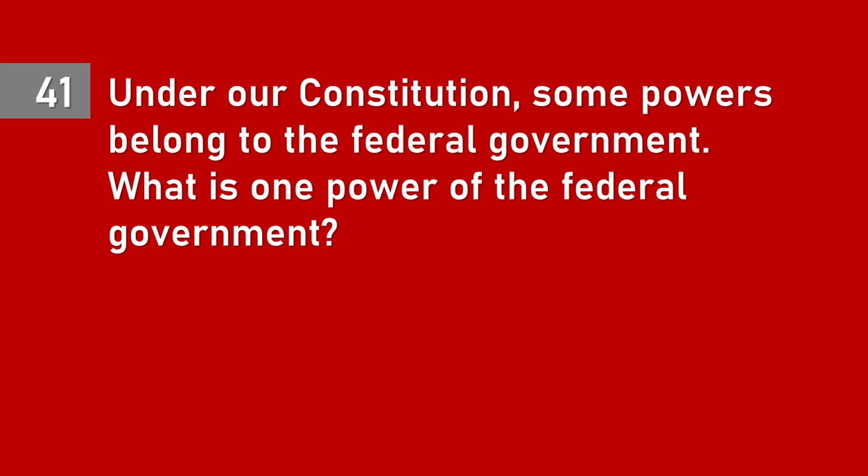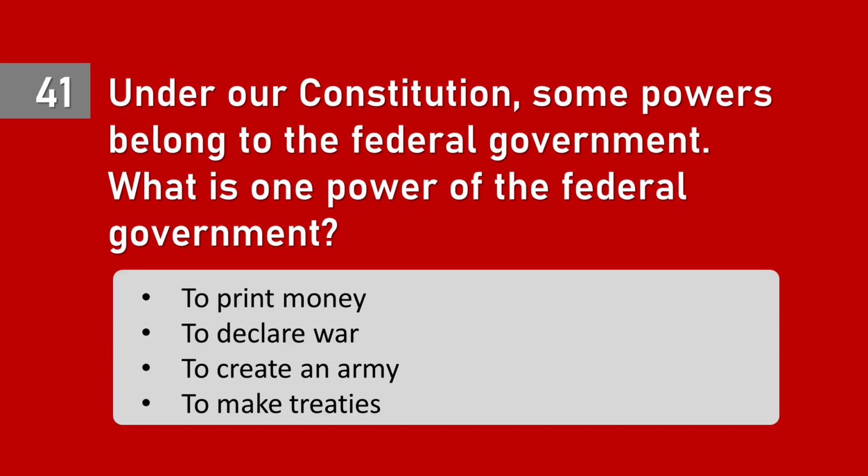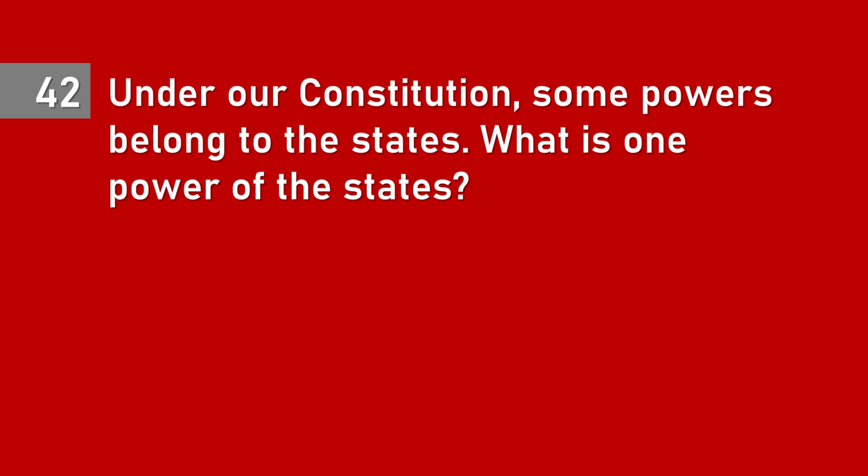Question 41. Under our Constitution, some powers belong to the federal government. What is one power of the federal government? To print money, to declare war, to create an army, to make treaties. Question 42.